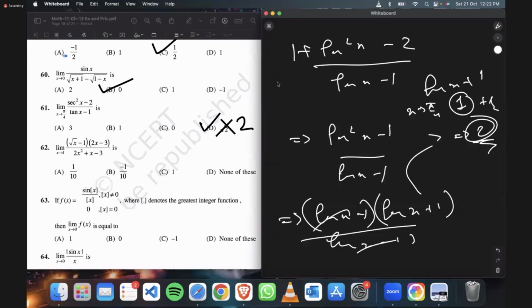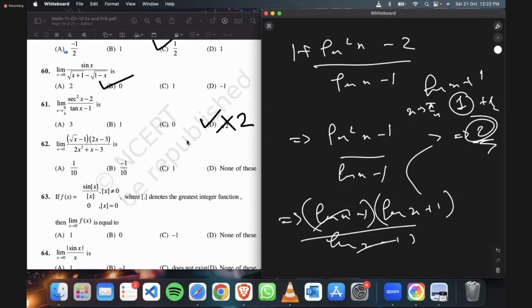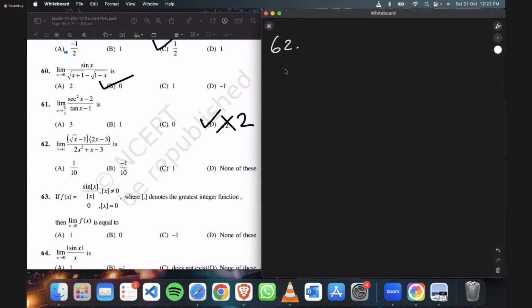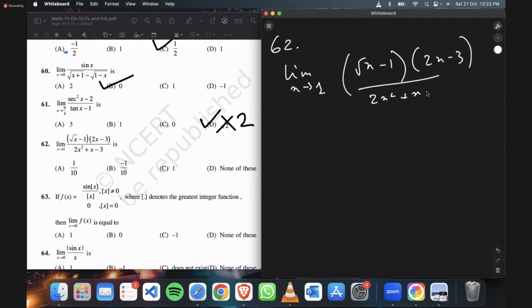So let's move on. Now question number 62. So in question number 62, I have been given limit x tends to 1 and there is an under root x minus 1, 2x minus 3, 2x squared plus x minus 8.